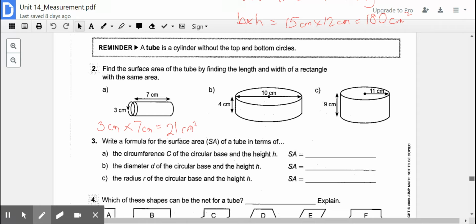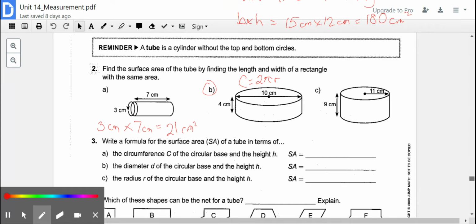B is a little bit more difficult because they give us the diameter, not the circumference. Now remember, the circumference of a circle equals 2 times pi times the radius.